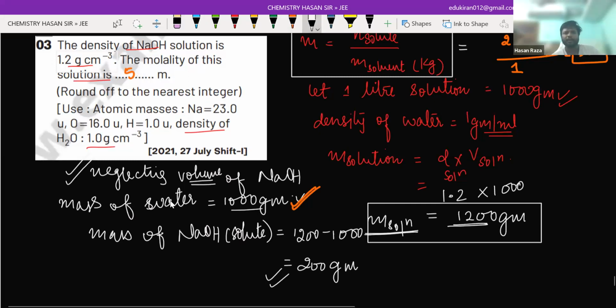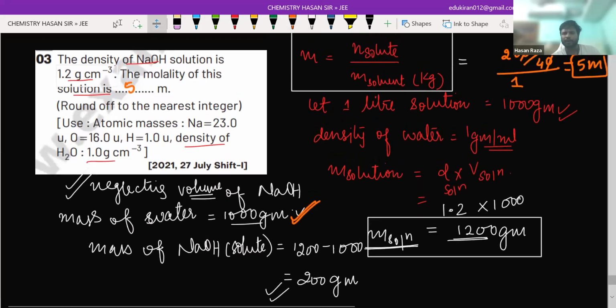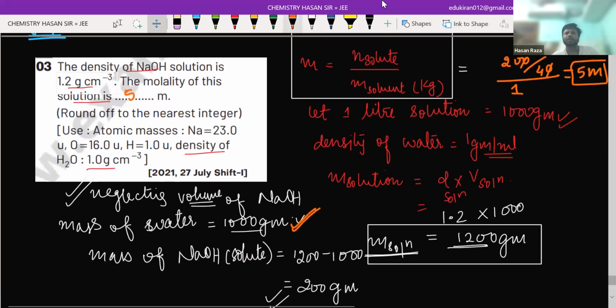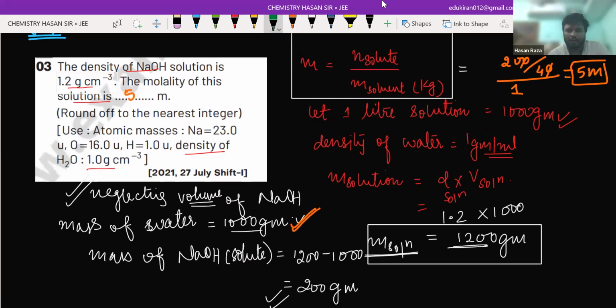I will again explain. First, you write it in your own way and let me know. It's very easy. You just needed to let the mass of solution, and accordingly you can solve this.